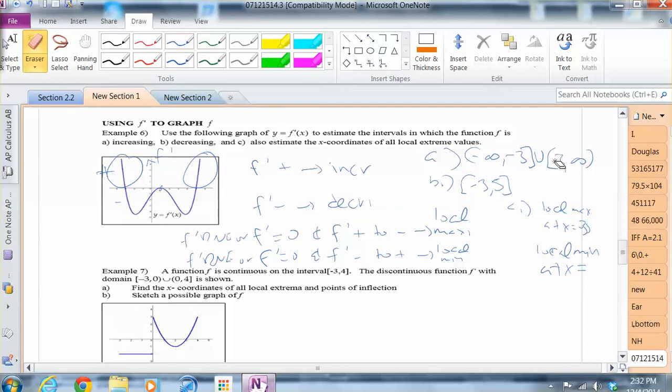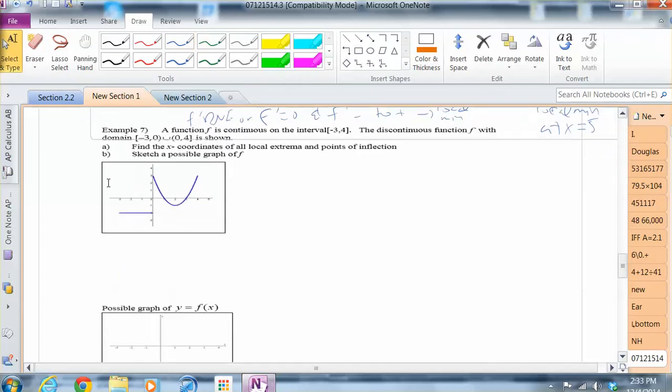That was 5 to infinity for part A. Sorry about that. Thought we had this graph as being symmetric. Apparently it's not symmetric. And then local min at x equals 5 because the derivative changed from negative to positive. But you're not going to have anything at x equals 1. You're not going to have a local extreme value because the derivative does not change sign. So that's what happens there.